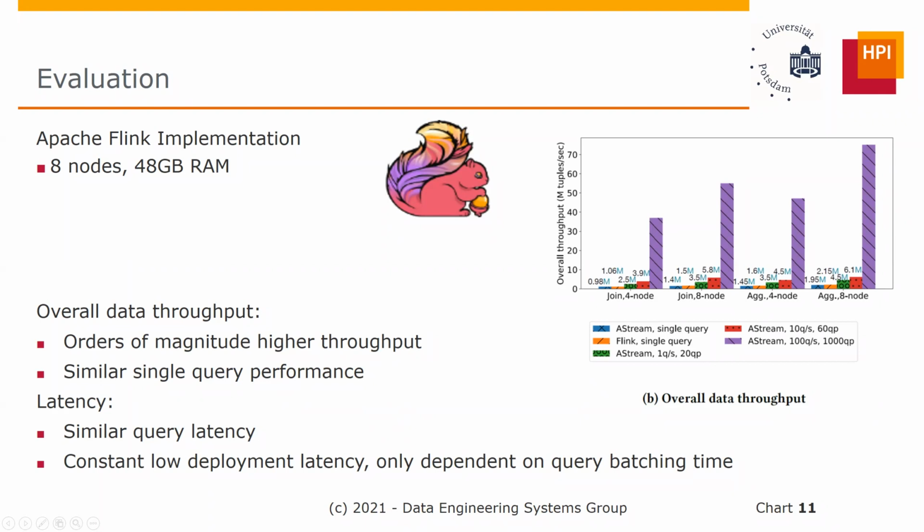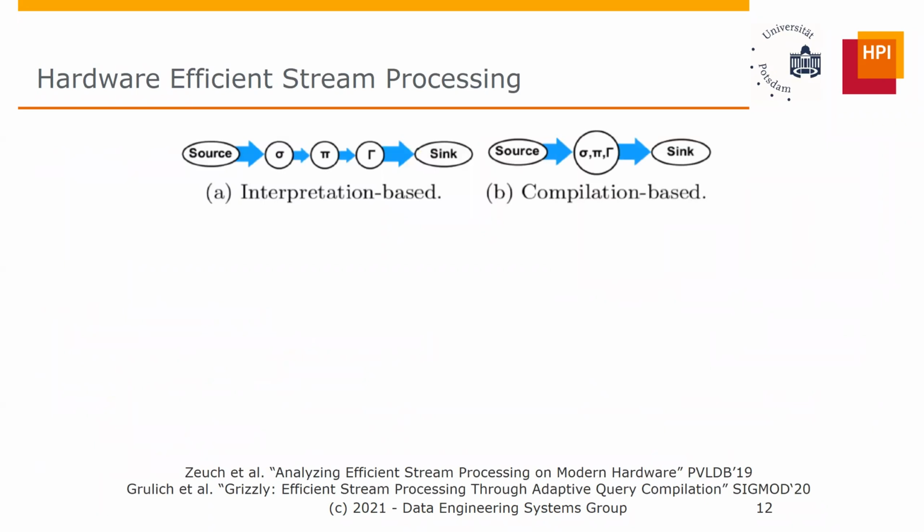I'll have to speed up a bit to stay in time. Another aspect that we were looking at, and I already said that we are also interested in modern hardware, or in how to use hardware efficiently. If you look again at something like Flink, it has this interpretation-based processing, a tuple-at-a-time pull-based mechanism.